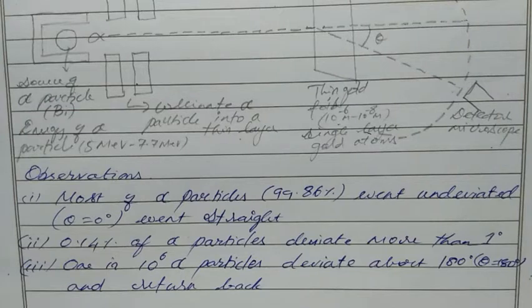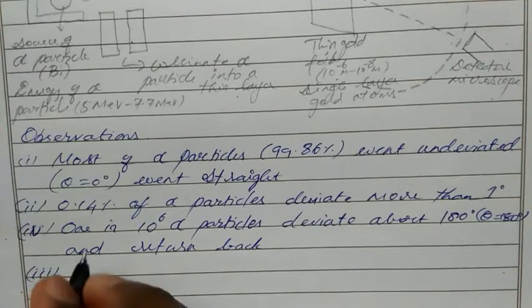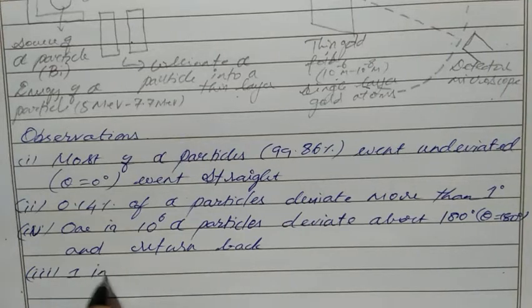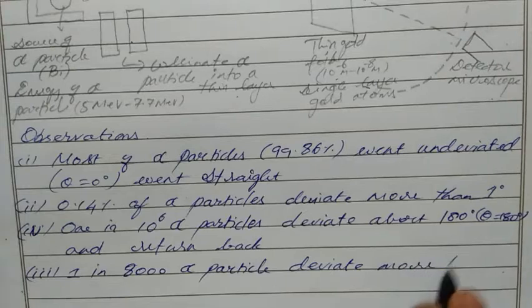So we have three kinds of observations. Actually, this is the fourth point, I think. So write the third point here: 1 in 8,000 alpha particles deviate more than 90 degrees, which means theta is greater than 90.